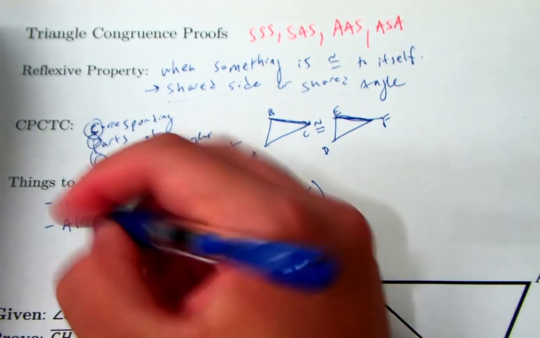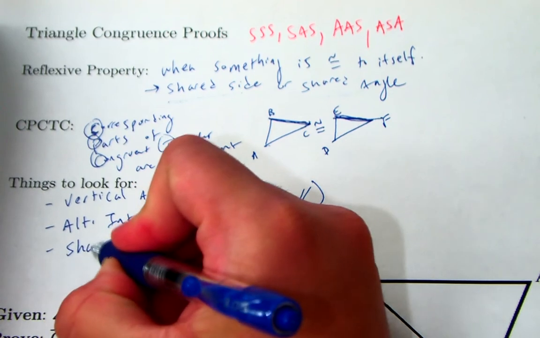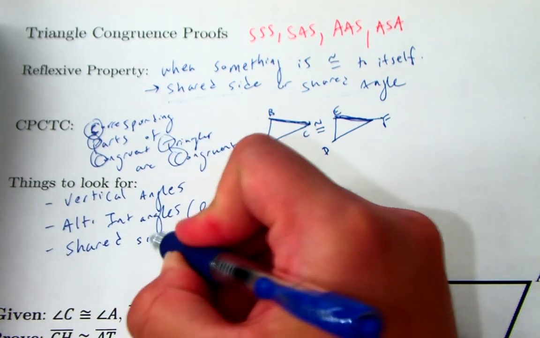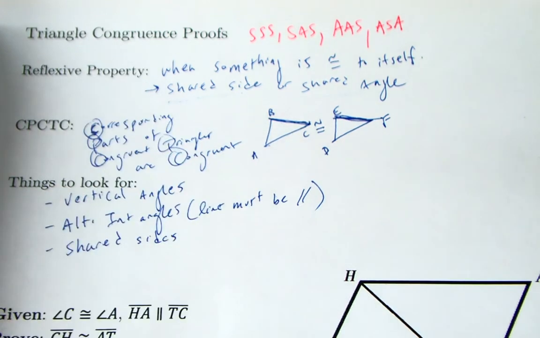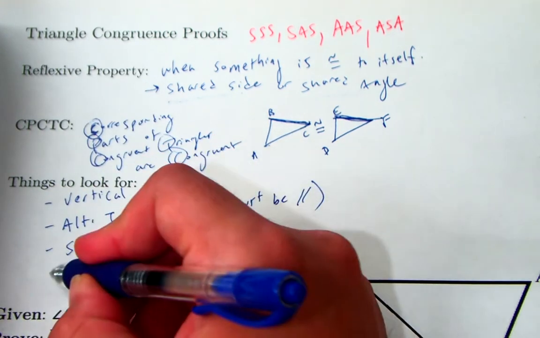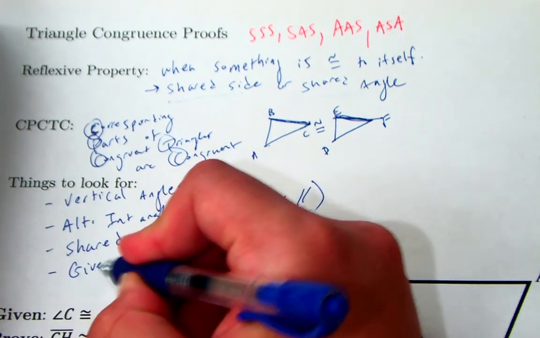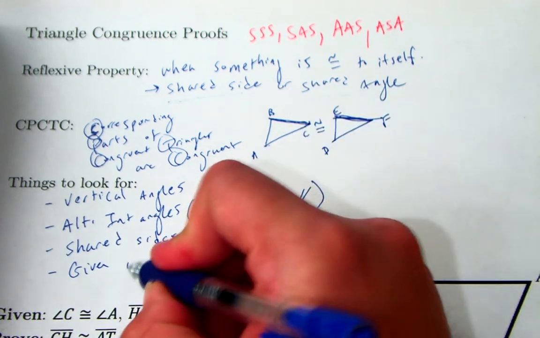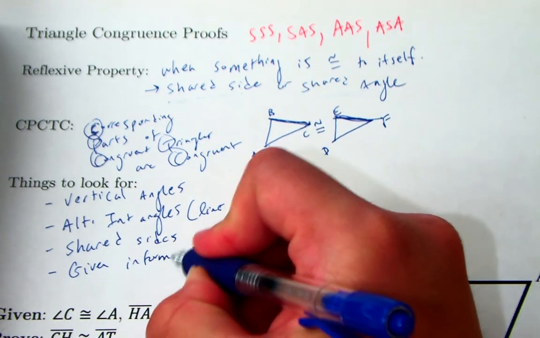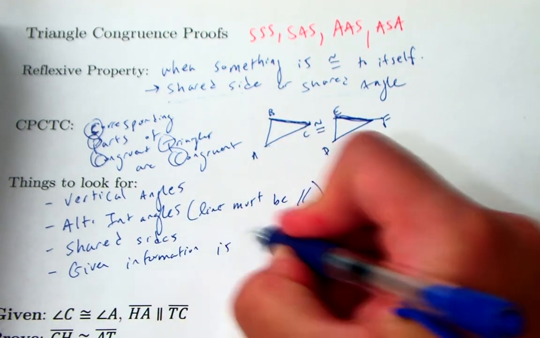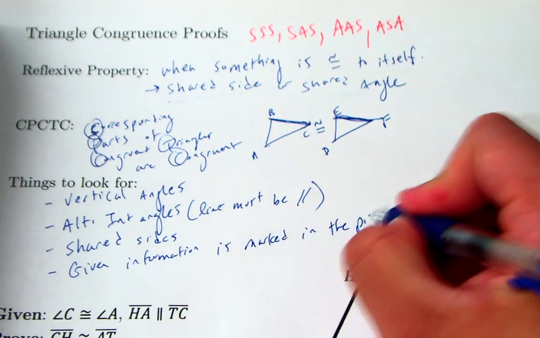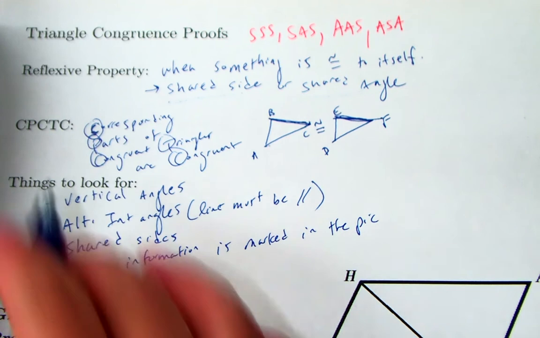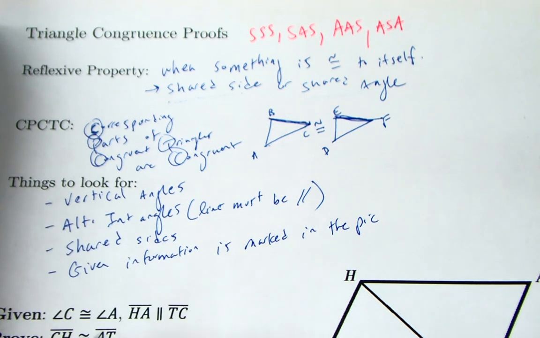A couple other things to keep in mind are shared sides. We've already seen that as well. And of course, that's an example of the reflexive property. Other things to keep in mind include making sure that given information is marked in the picture. So just because it's given in text doesn't necessarily mean it's going to be visually present.